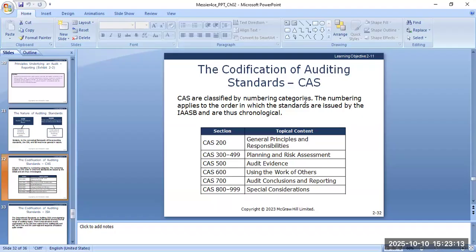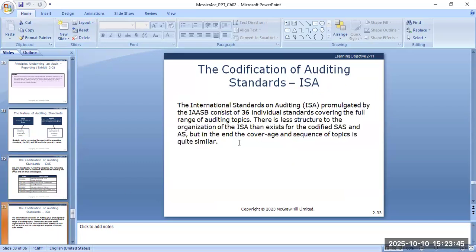It's pretty much the same as the international financial reporting standards setup of different sections. The first section is going to explain the general principles and responsibility. Then we're going to start with the audit process: planning and risk assessment, gathering the audit evidence, and using the work of others if we need to. Then audit conclusion and reporting, and some special considerations, which will be the special reporting.